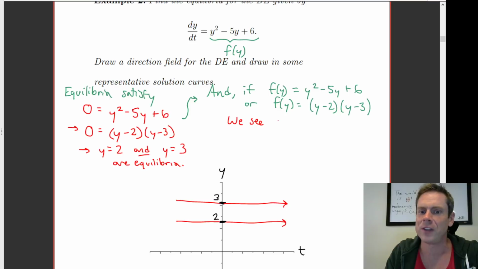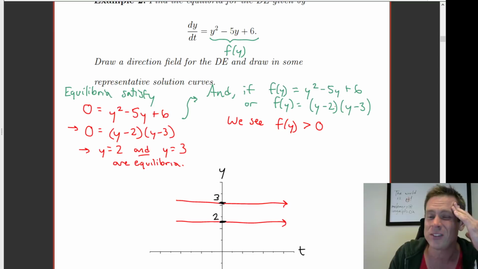Again, it comes down to solving inequalities, but f of y is going to be greater than 0 if both of these brackets are greater than 0, or if both of those brackets are less than 0, right? Negative times negative is positive. Positive times positive is positive. So f of y is going to be greater than 0 if y is greater than 3 or y is less than 2.